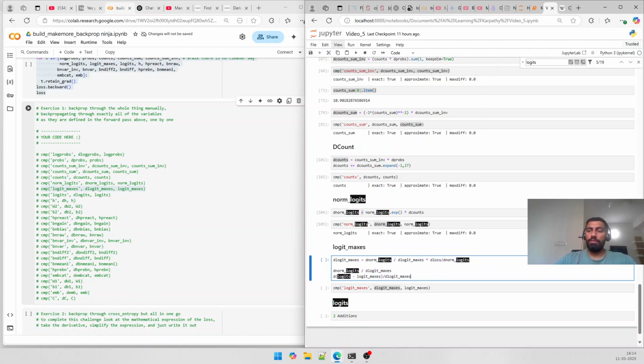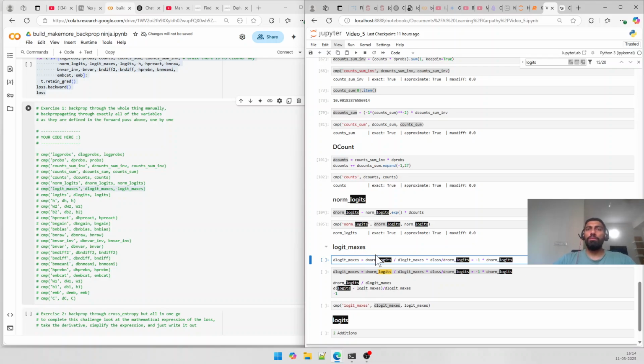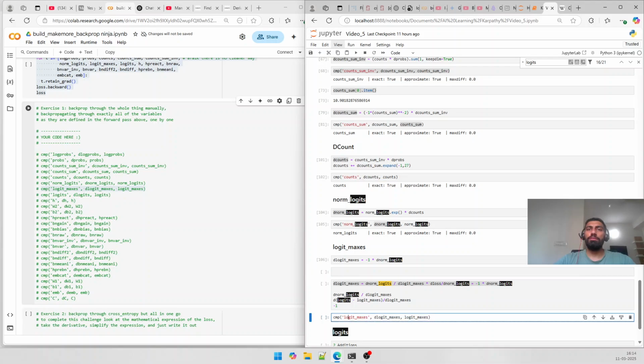Okay, this will be equal to 0 minus 1, so it will be -1. So here it will be equal to -1 into the logit maxes. That's it.